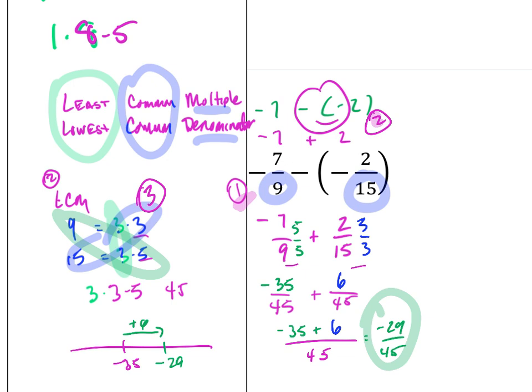Then the fourth thing we did was we converted these over to be the same denominator. Then the fifth thing we did was we wrote it out, and then the sixth thing we did was do the math, the integer math of the numerators, and then the seventh thing we did was write it out, make sure we had the right sign, and see if we could simplify it.